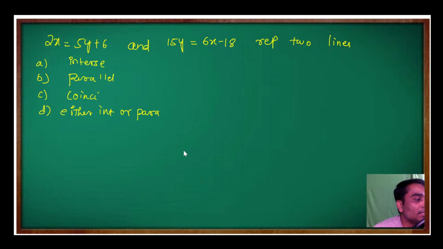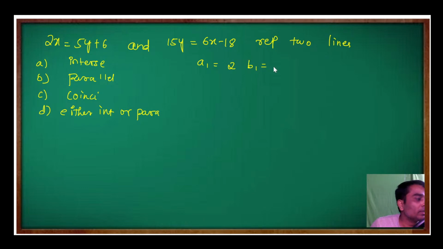We have three conditions. Every time, one question will definitely come on these three conditions, so you should know them properly. First let's write a1, b1, c1. What is my a1? 2.